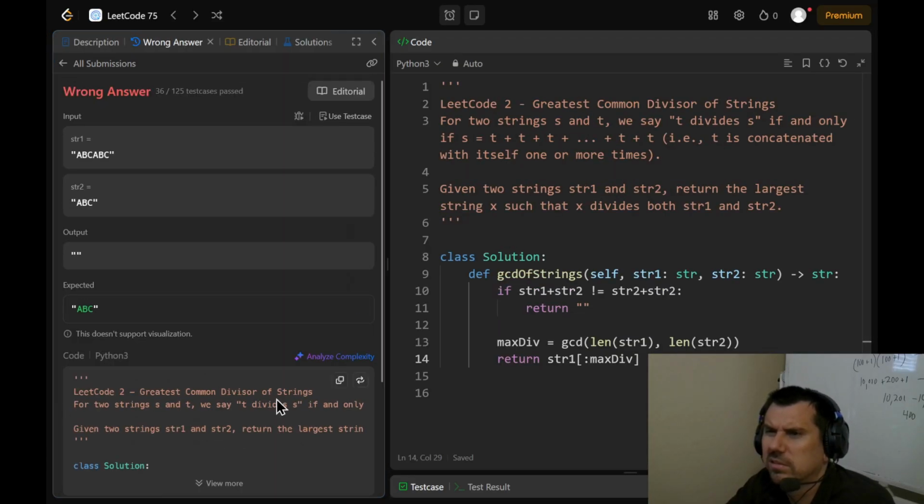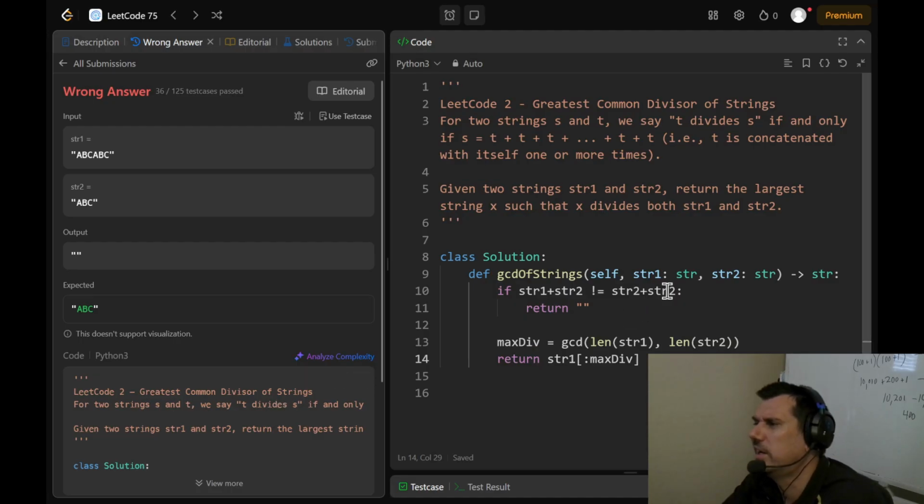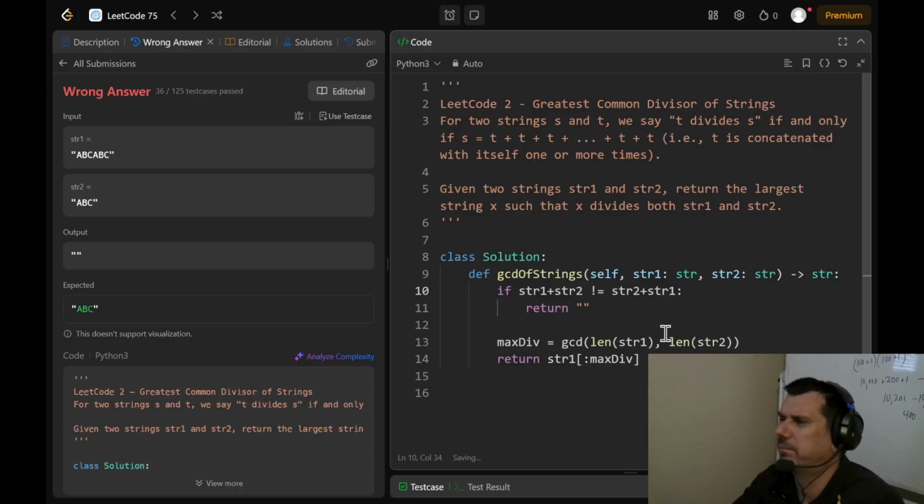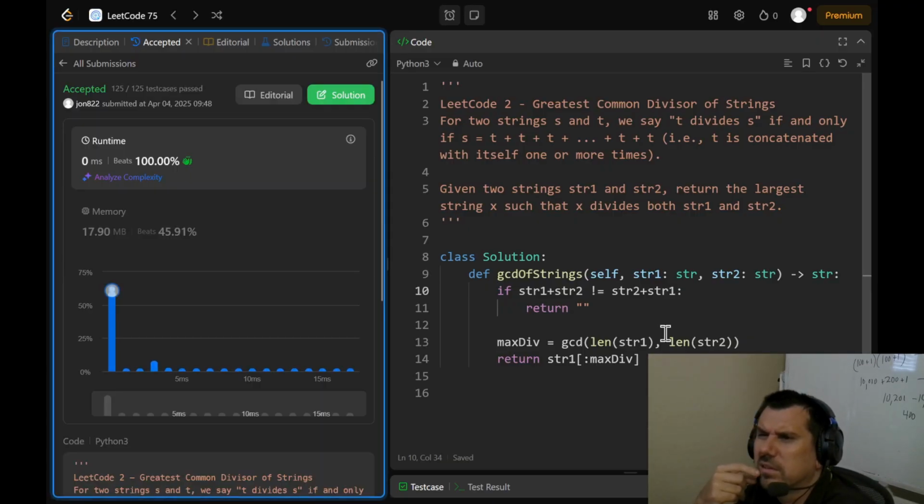Or it does. If string one. Oh, I see. I had a typo here. There we go.